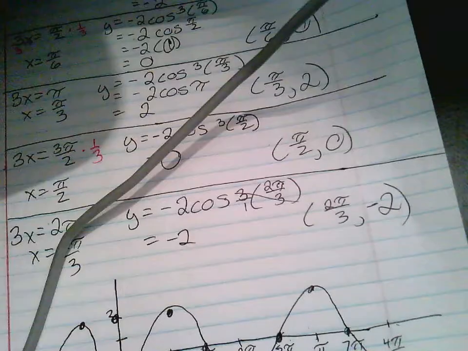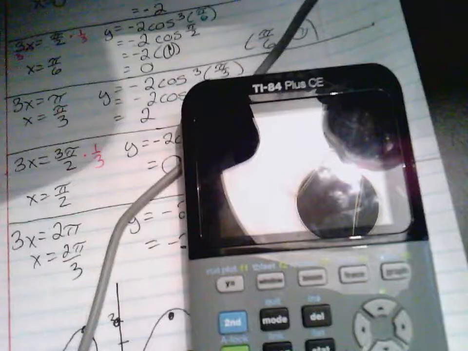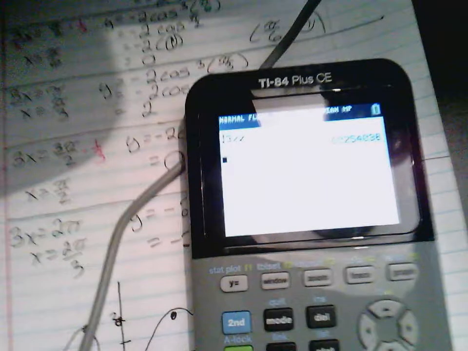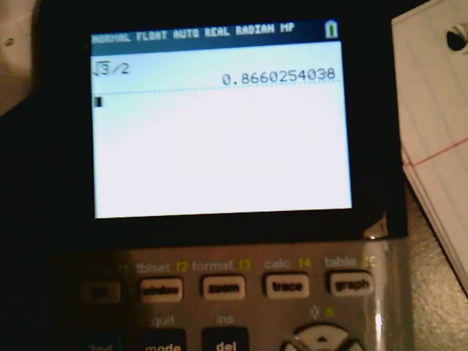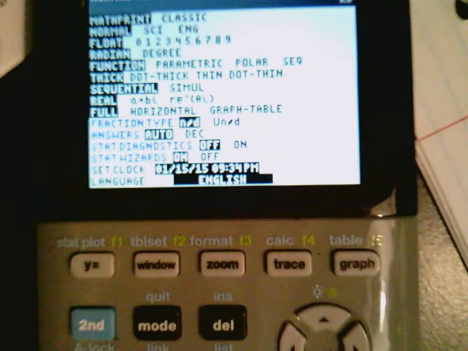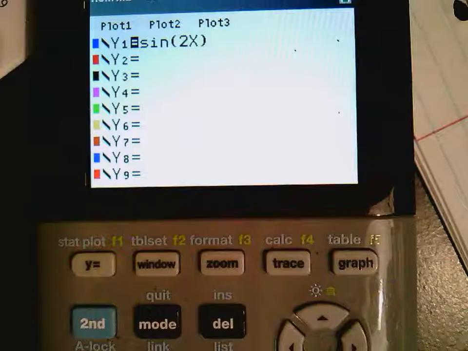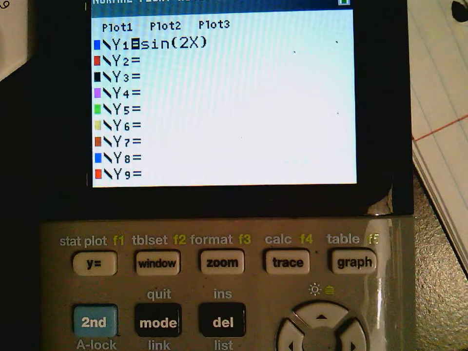Okay, when you're doing this in the calculator, make sure you are in radian mode. Let me try to get it away from the light so you can see it a little bit better. Make sure you're in radian mode. To do that, you go to mode. Okay, and I'm already in radian mode. Now you go to y equals, our function was -2 cosine of 3x.